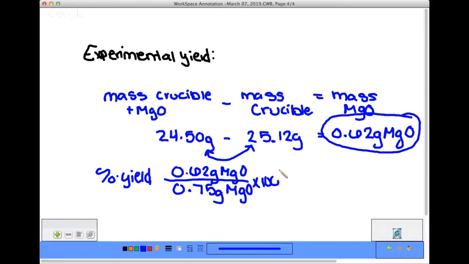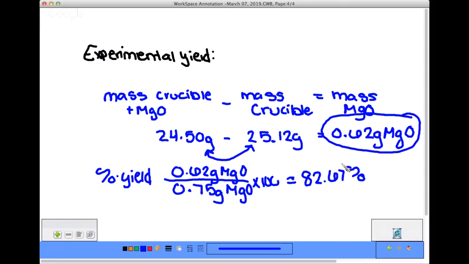So 0.62 divided by 0.75, multiplied by 100, we get 82.67%. The closer to 100% we have, the better, because that means we get closer to our theoretical yield. This isn't a bad yield. We just don't have exactly as much as we could have produced. So there is some error that could have occurred there.